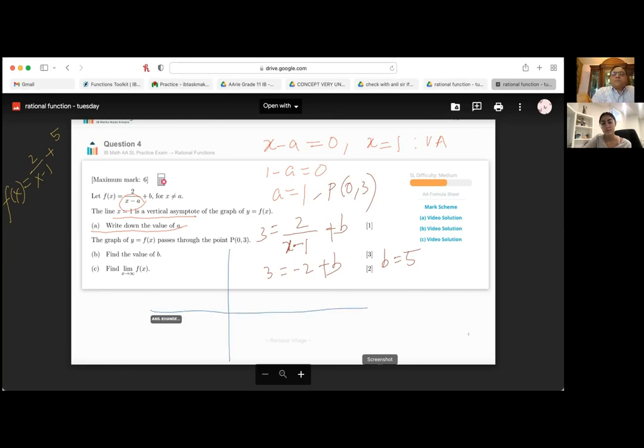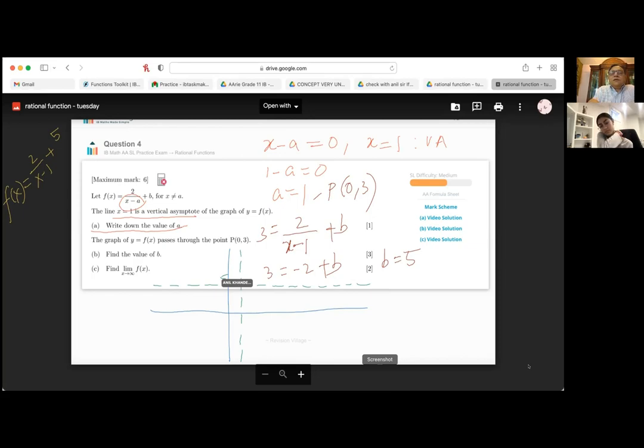You have a vertical asymptote at x equals 1 and a horizontal asymptote at y equals 5. And it passes through a point which is (0, 3), right? Since b is 5, it is passing through (0, 3).